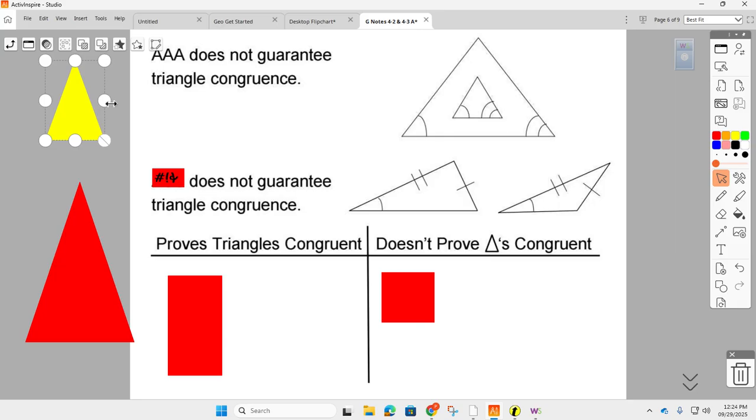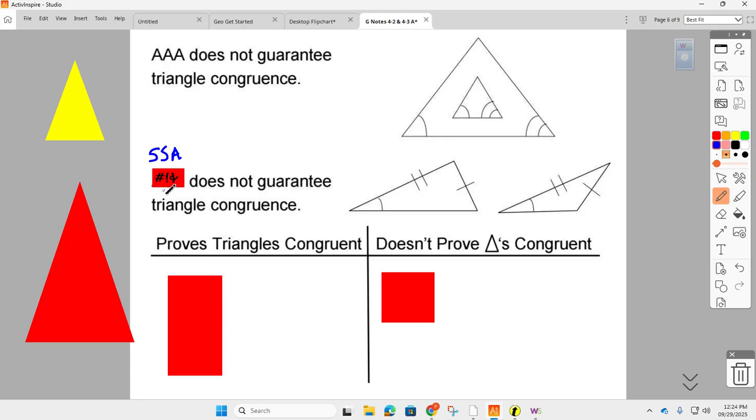So the other shortcut that you try to use is SSA. Miss Reddy made a note and she spelled it the other way. That's why I have the curse word symbols here, right? So here's the deal.